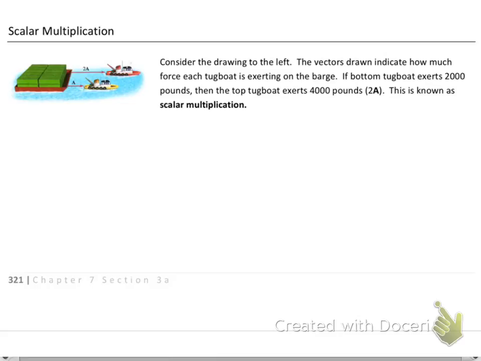And we're going to draw some pictures to signify this scalar multiplication. So if I start with just a vector, I'm going to call this vector A, B. So this is vector AB. So a scalar multiplication of vector AB might look something like 2 times AB.